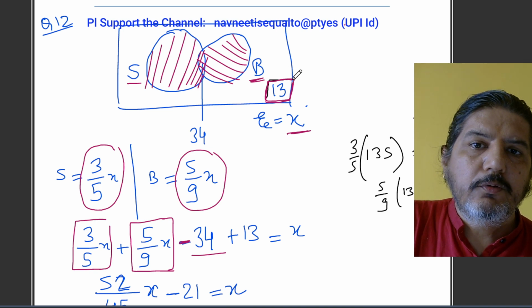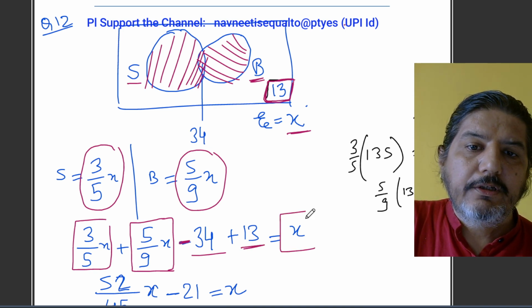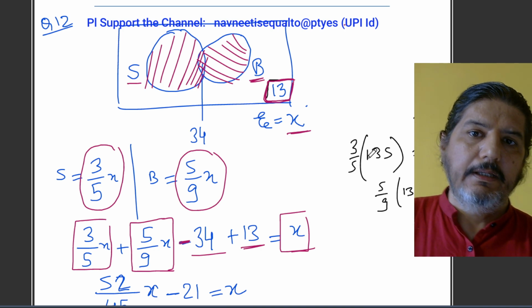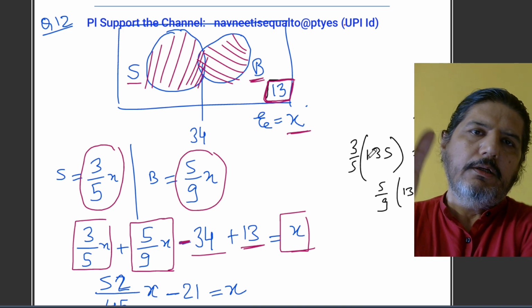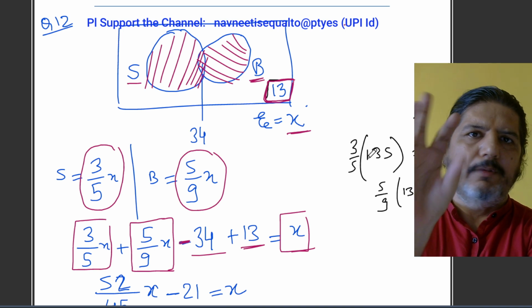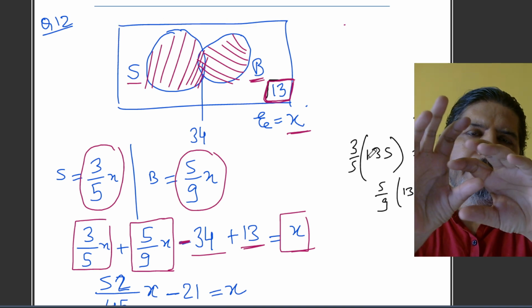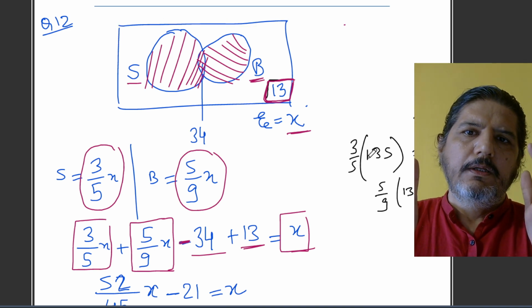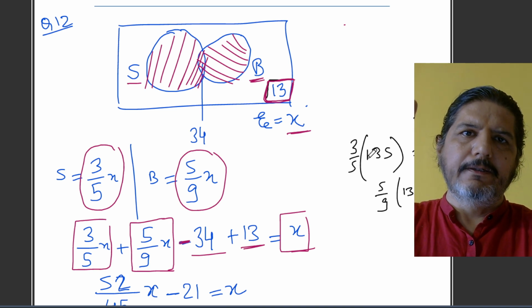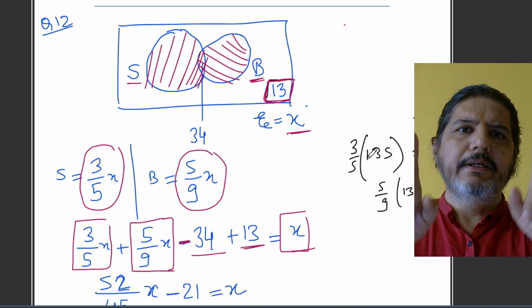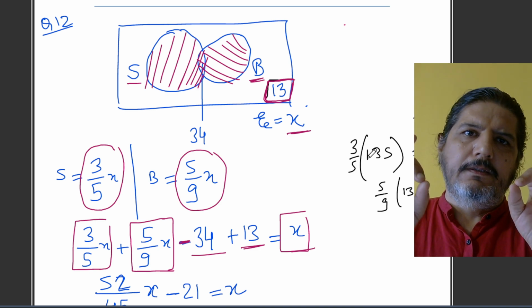And then these are the people who don't like any of the sports. And the sum of all this would be equal to X. So this equation is very critical to understand. There are people who like swimming and people who like badminton, so I add these two. But then 34 people are counted in swimming as well as in badminton, so they are being added twice.